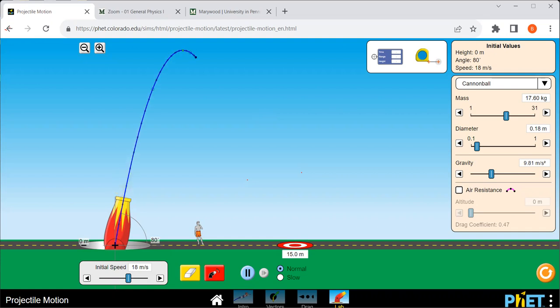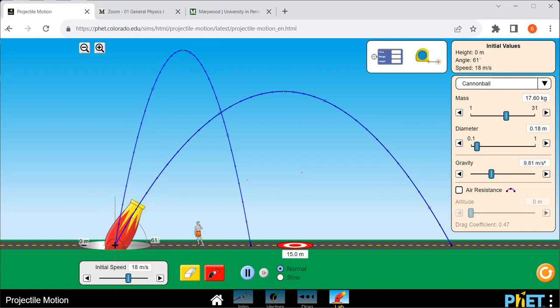Now let me change it to 60 degrees. Let me make it 45 degrees.